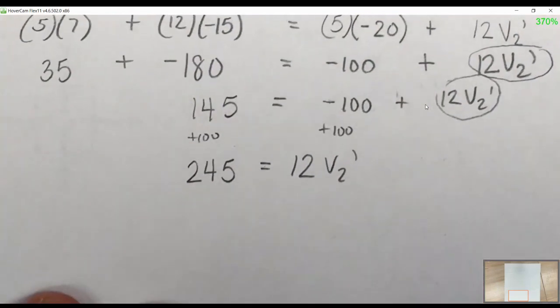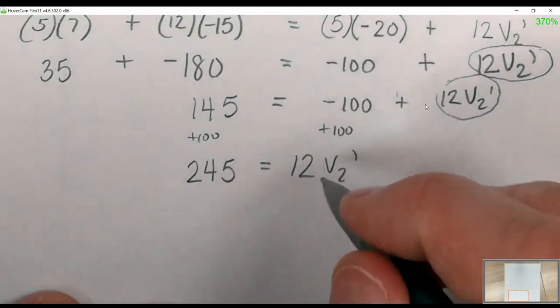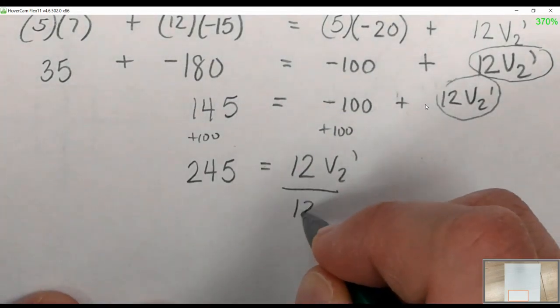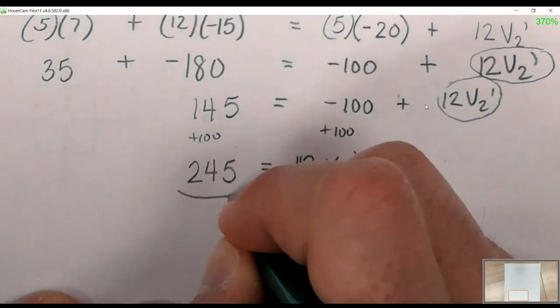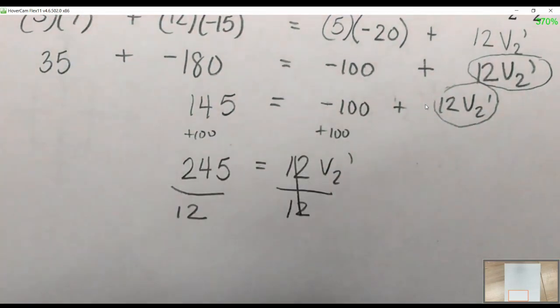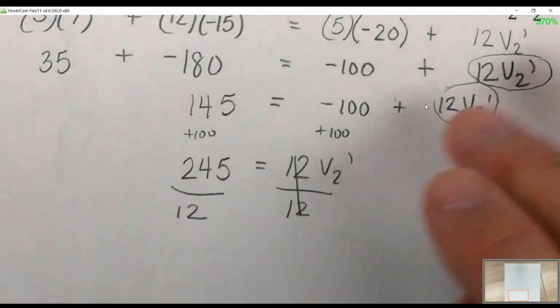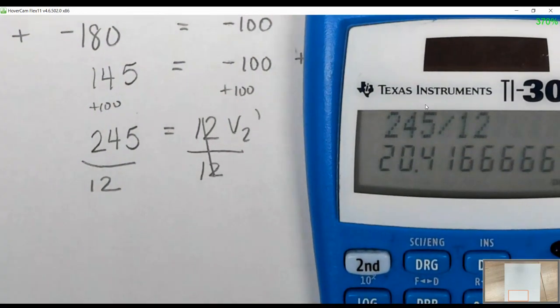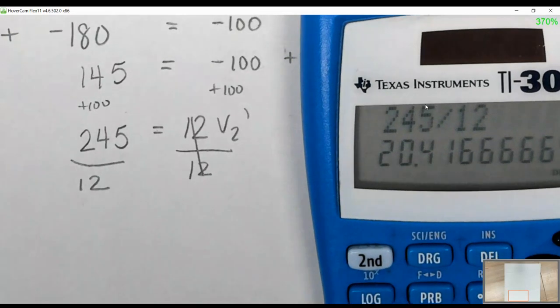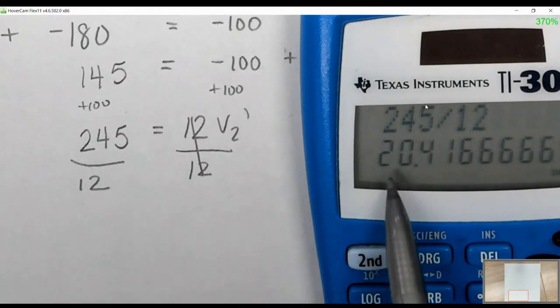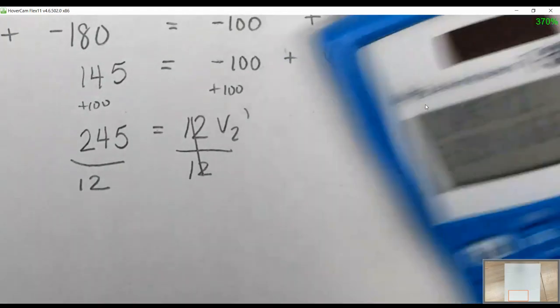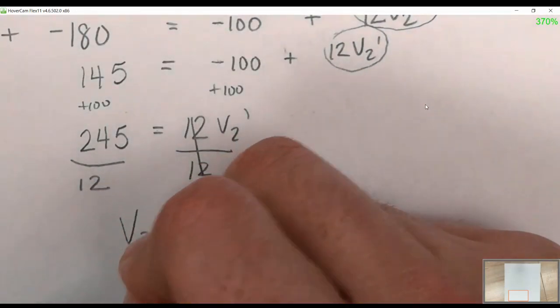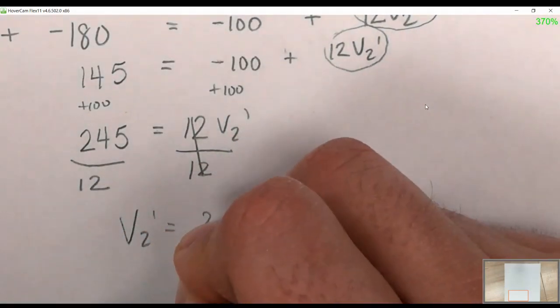And now you can get this by itself. Divide both sides by 12. Now 245 divided by 12 is going to give us an answer of 20.4166666, repeating, so we'll call it 20.42 if we round it to 2 decimals. V2 or V2 prime, 20.42.